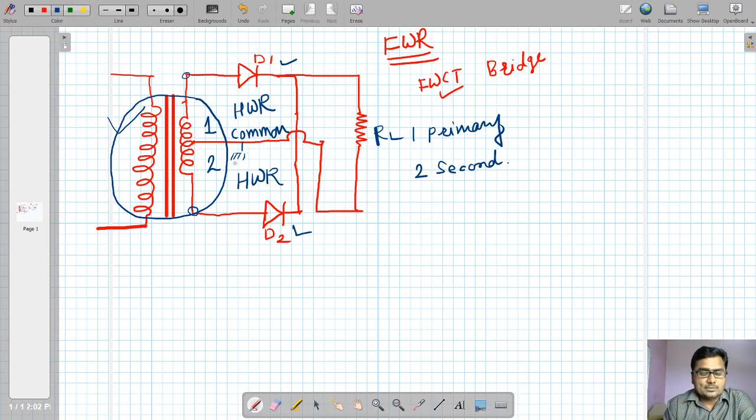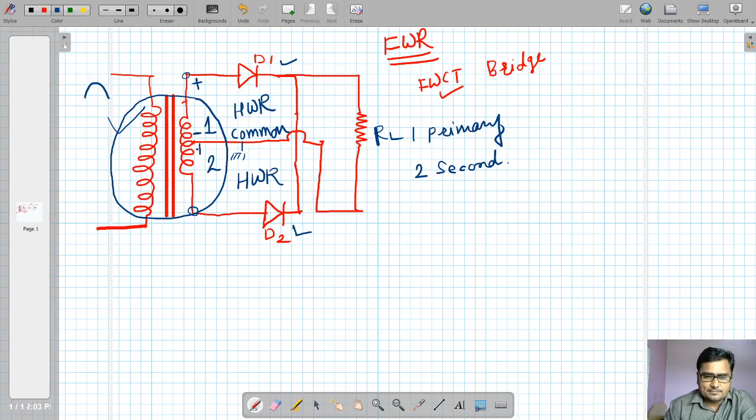Now let's understand the operation of this rectifier with the traditional method: what happens when the positive half cycle comes, and what happens when the negative half cycle comes. When the positive half cycle of the input signal comes, this phase becomes positive and the other phase becomes negative.